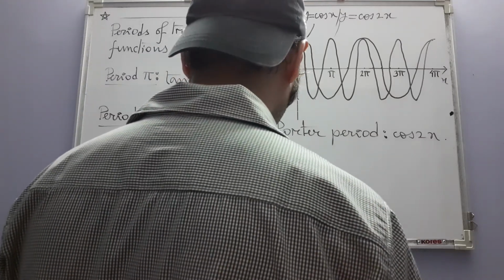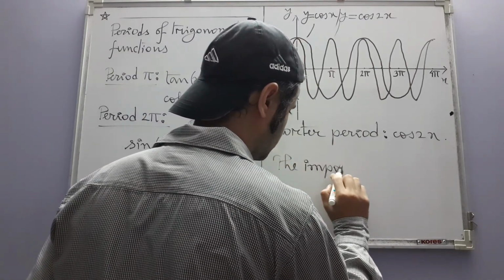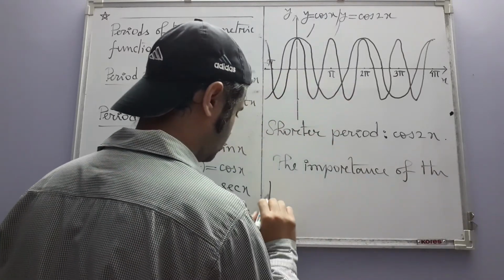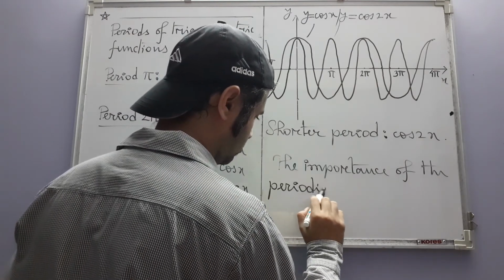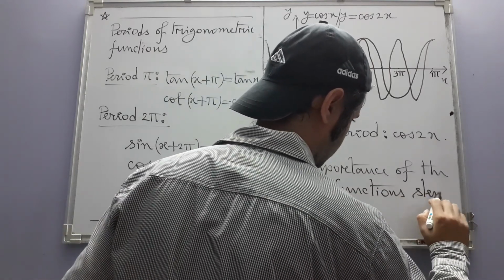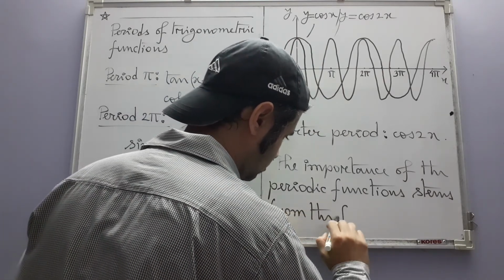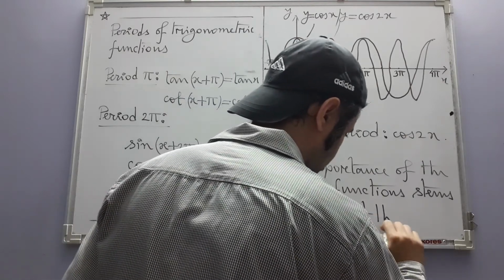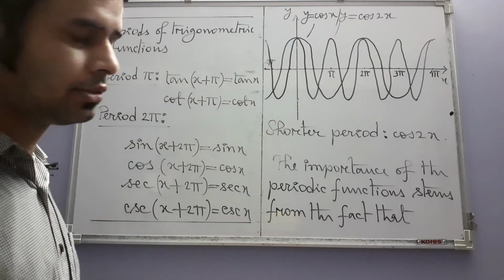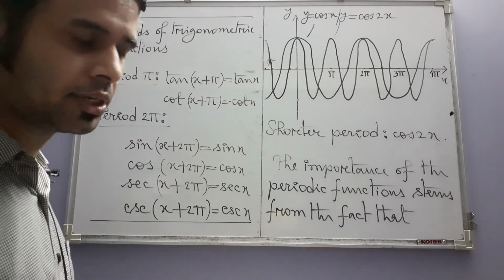So the authors write: the importance of periodic functions stems from the fact that many things that we see around us are periodic in nature. Many actual physical, chemical, or even biological phenomena are periodic.